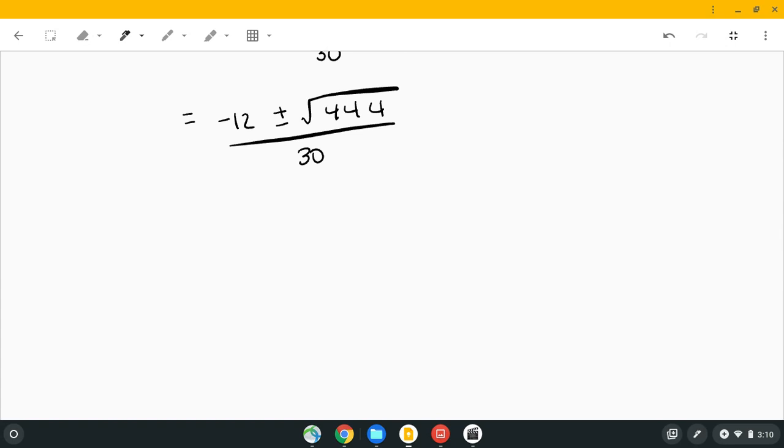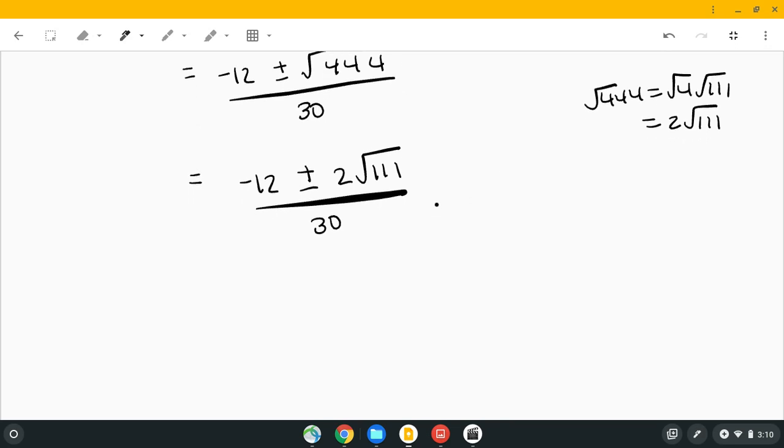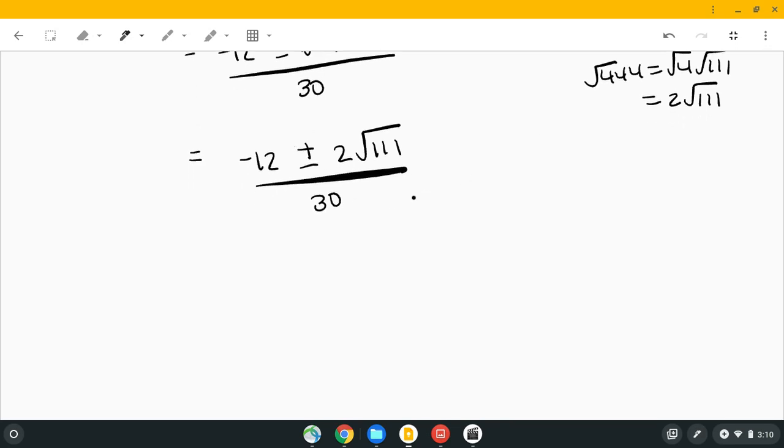Okay, 444 is not a perfect square, but I could split it up, right? I could split up 444 as 4 times 111. That'll give me 2 square root of 111. Okay, so let's do that. So negative 12 plus or minus 2 square root 111 all over 30. Okay, and usually you would just stop right here since the square root doesn't simplify any further.